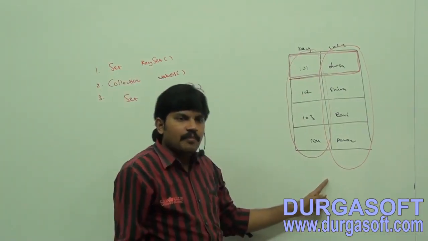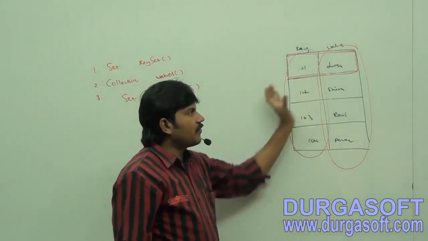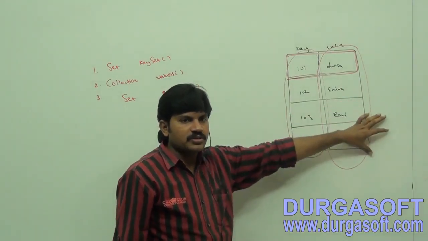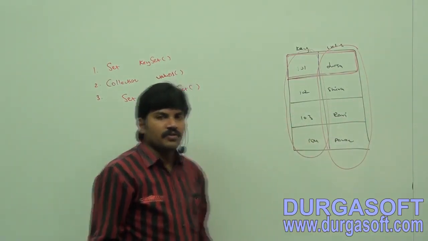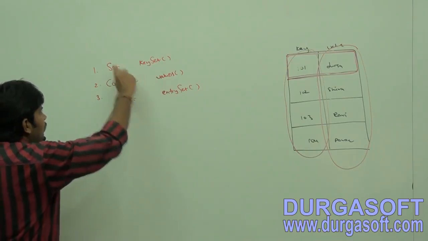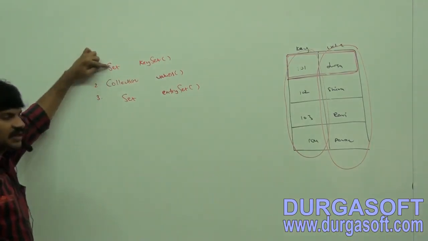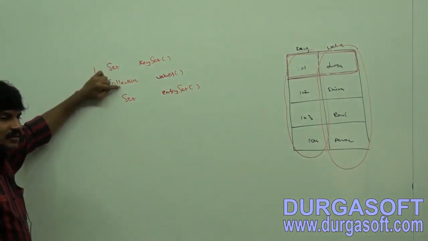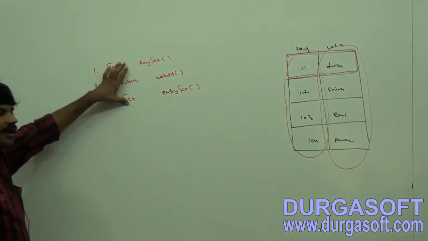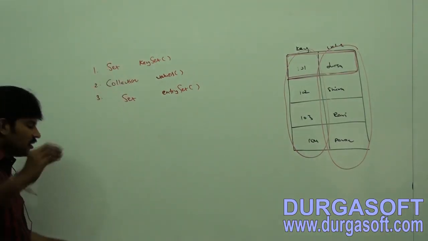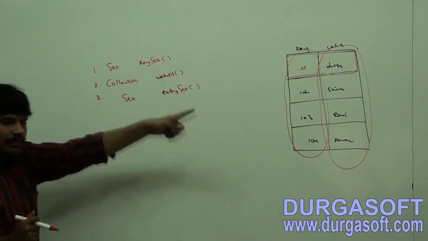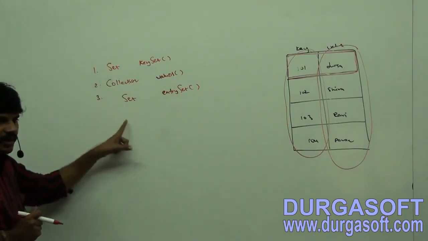On the map object, if we call these, we get a set of keys, a collection of values, and a set of entries. The return types of these three methods are: first Set, second Collection, third Set. These are not maps. We apply these three methods on the map object, but we get collection-related types.